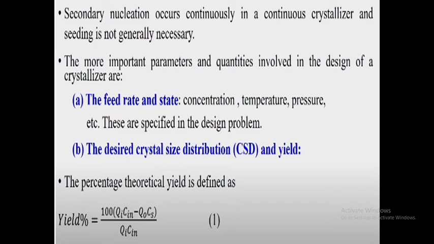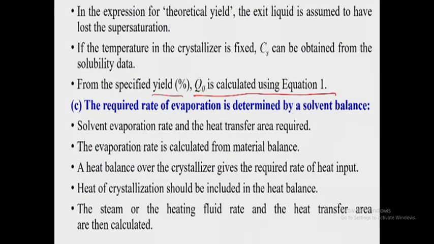Where Qi is equal to feed rate, Q0 is equal to rate of outflow of mother liquor, Cin is equal to feed concentration, Cs is equal to solubility of the solid at the exit temperature. In the expression for theoretical yield, the exit liquid is assumed to have lost the supersaturation.